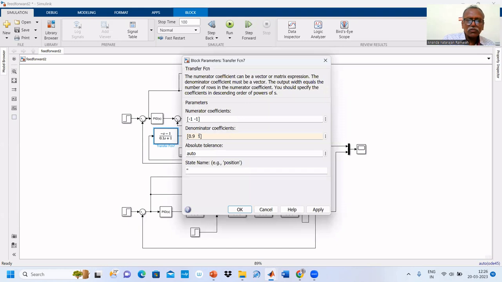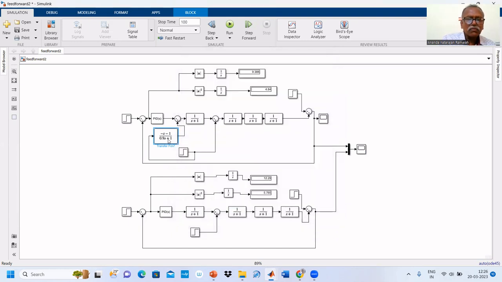Why we are selecting very small value? This is a lead lag network. This is the lead lag network. Here, instead of 0.1, we put 0.9. How the response is. So here, IAE increased, but better than feedback alone.